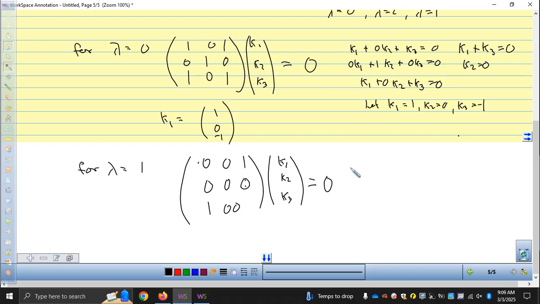From the first equation, k3 has to be 0. I get 0 k1 plus 0 k2 plus k3 has to equal 0. So k3 has to equal 0 from that first row. From the last equation, I get k1 plus 0 k2 plus 0 k3 equals 0, so k1 has to be 0. And for the middle equation, I get 0 times k2 equals 0. K2 can take any value.